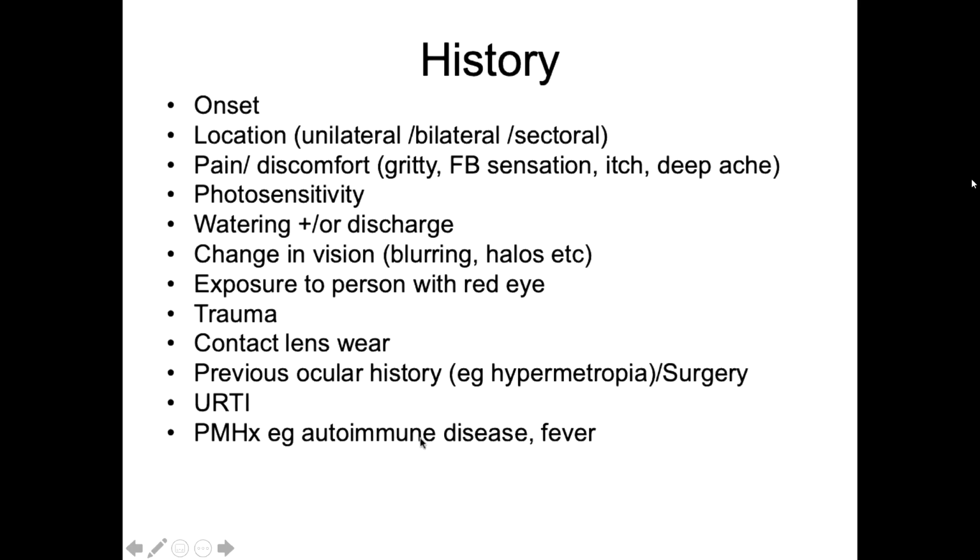Then past history of autoimmune diseases and past history of fever. What comes with fever, myalgia, red urine, and conjunctivitis associated with working in the field? Leptospirosis. Yes, that's right. What are the other autoimmune diseases that can cause eye problems?